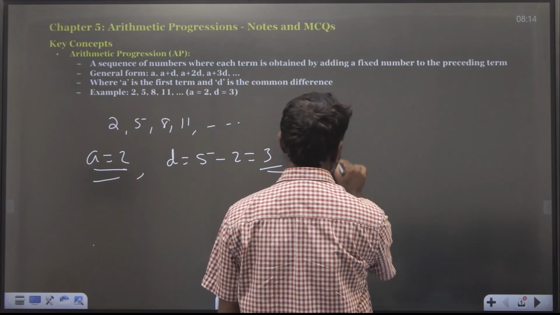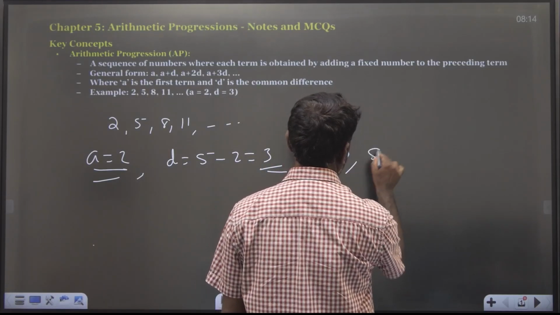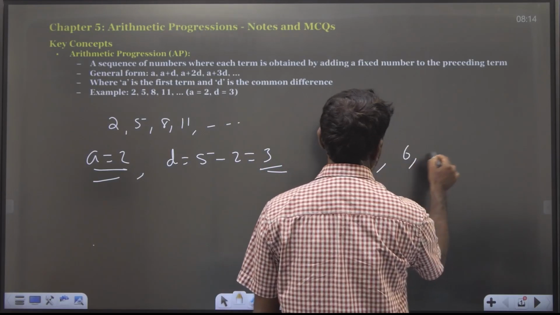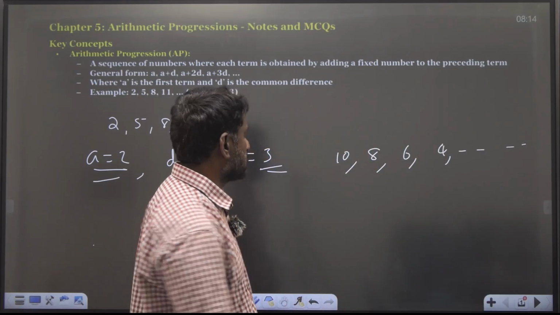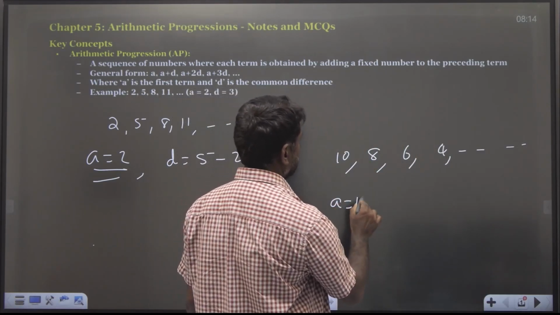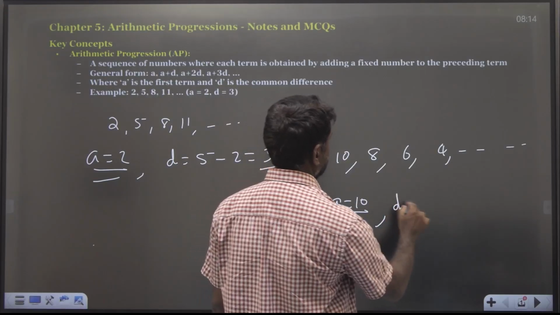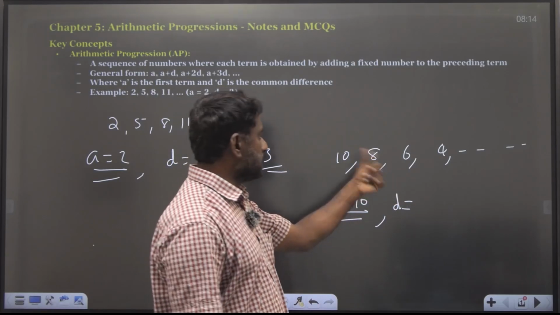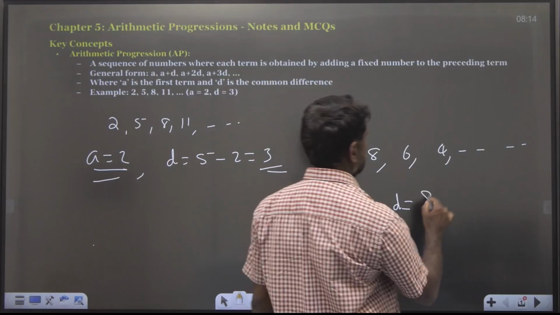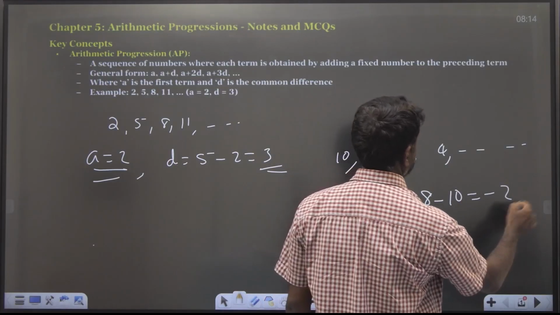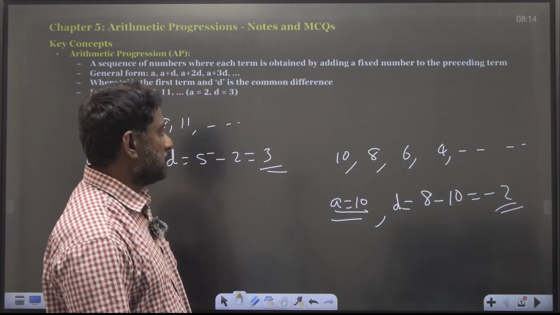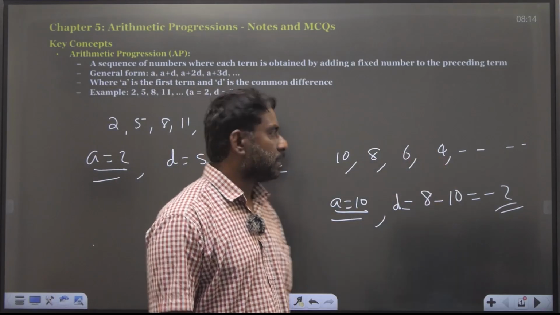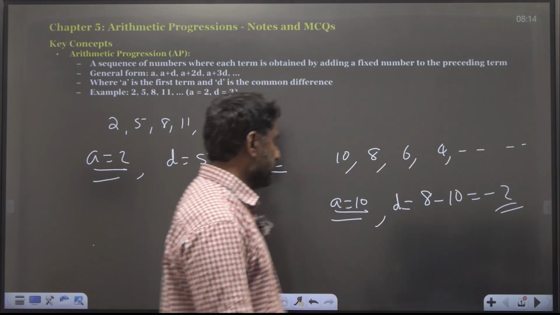And also another example. Suppose the sequence is 10, 8, 6, 4, etc. Here a, the first term, is equal to 10. What is d? The succeeding term minus the just preceding term, that is 8 minus 10, that is minus 2. Here the numbers decrease when the common difference is a negative number.